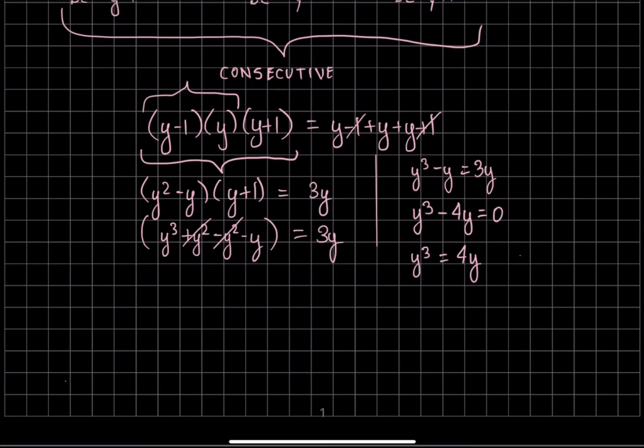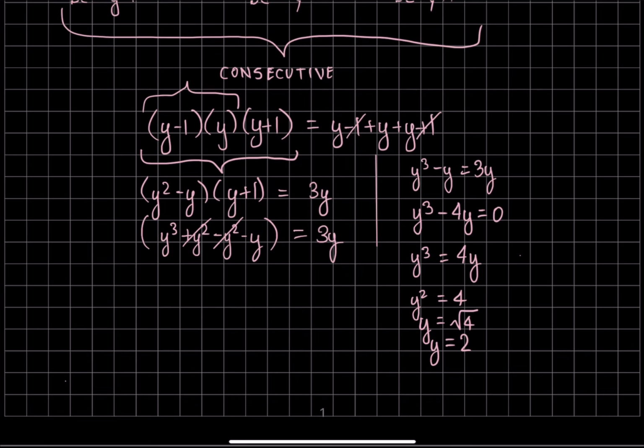Now we have to divide the right-hand side by y because we need to take away this y. So y cubed divided by y gives us y squared is equal to 4. Now, what is the square root of 4? Well, the square root of 4 is 2, so y is equal to 2.